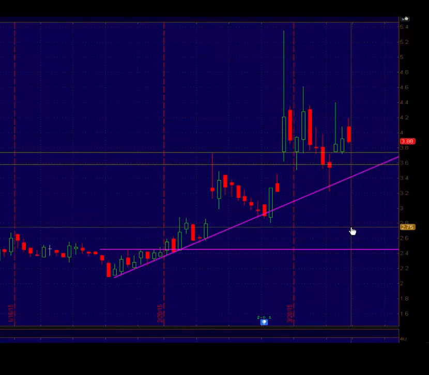So anyway, what we like about this is this candle right here. This is a daily chart, by the way, and you see how it penetrated an upsloping trend line going back to early February of this year, and it held these last 3 days.